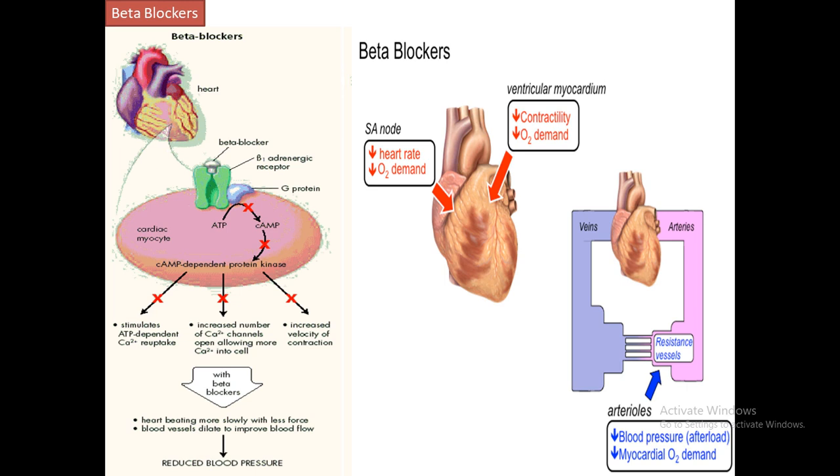So ultimately it decreases the heart rate, decreases the contractility and decreases the oxygen demand in ventricular myocardium and arterioles, decreases the blood pressure and afterload, and decreases the myocardial oxygen demand.